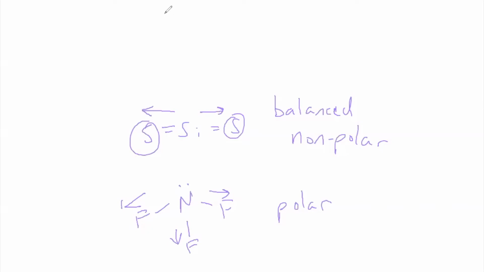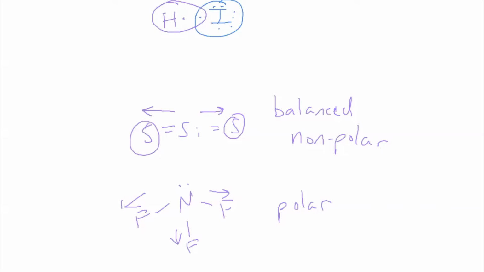So for HI, H has one electron, and iodine has 7 electrons. When they bond together, they're going to share electrons. The ones that are shared would be this purple and blue one.